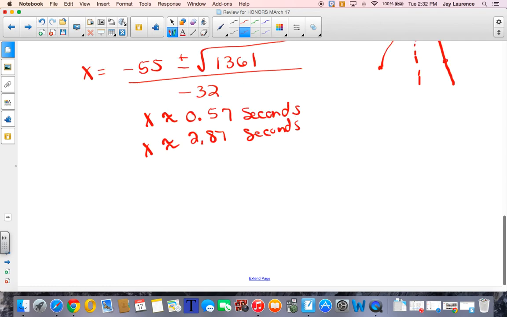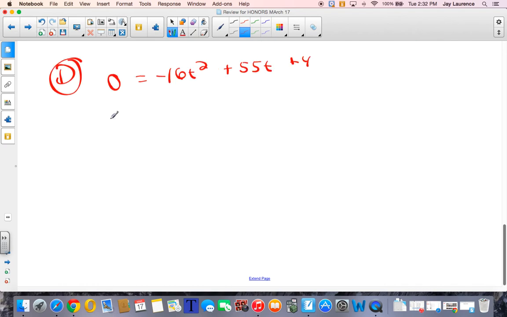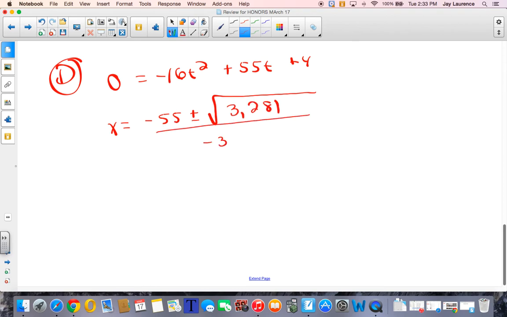All right, part D is the same thing except h is 0. And so we have negative 16t squared plus 55t plus 4. And so we're going to get t equals negative 55 plus or minus. And I'm going to go ahead and just figure out the discriminant and put it in there. So we have 55 squared minus 4 times negative 16 times 4, and that's going to be 3,281 divided by negative 32.